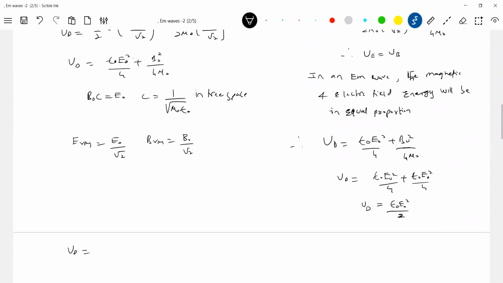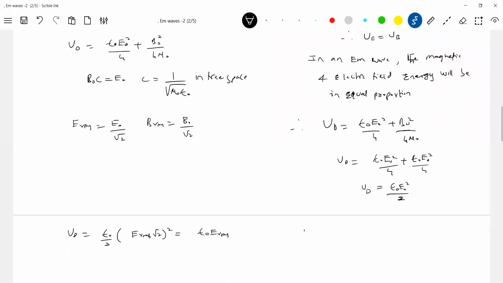So energy density is equal to epsilon naught E RMS squared. What is E naught? We can write it as just equal to only this much, no?